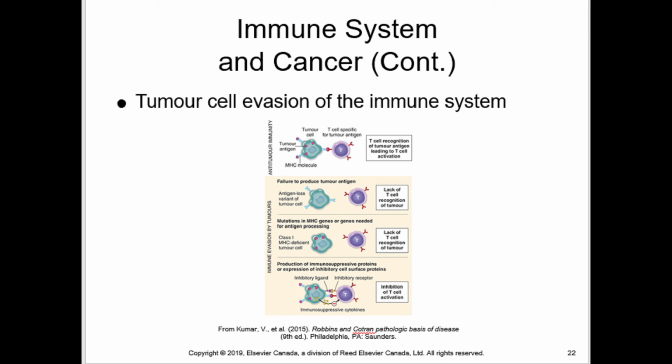With impaired surveillance, or that inability to detect cancerous cells, tumors are obviously able to proliferate. There are several explanations for why tumor cells can escape this immune response.